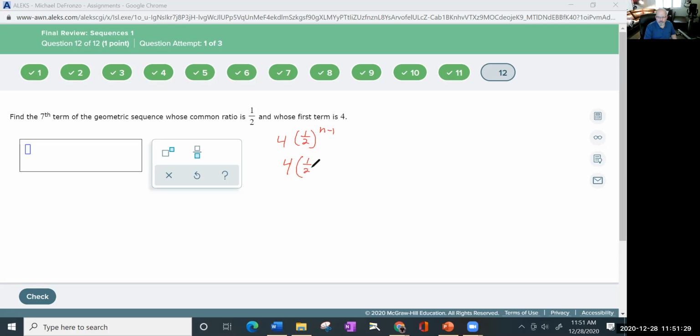So 1/2 raised to the 7 minus 1 power. And we're going to do this in the calculator. 4 times 0.5 raised to the 6th power. 1/16.